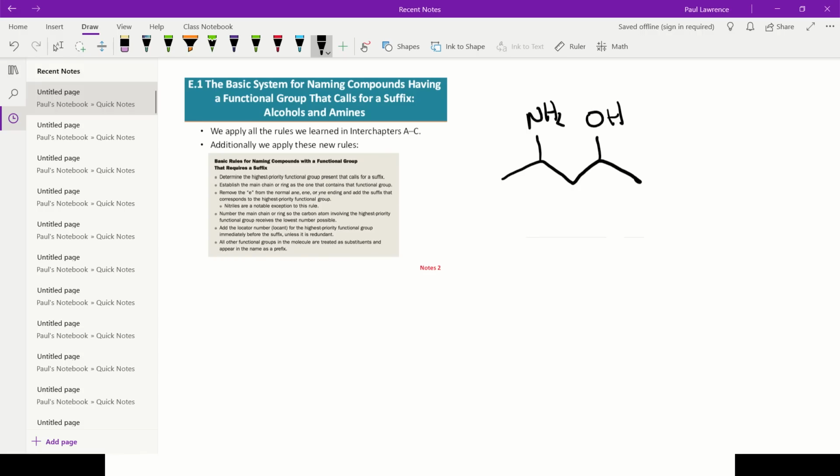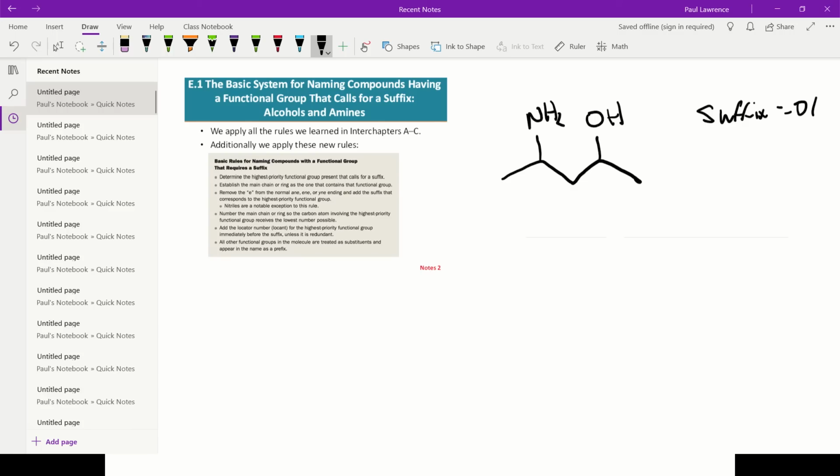So we know our suffix has to be an -ol. So if I want to look at it this way, suffix equals the -ol. Establish the main chain or ring as the one that contains that highest priority functional group.